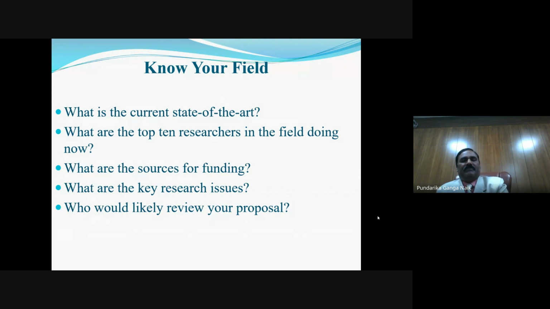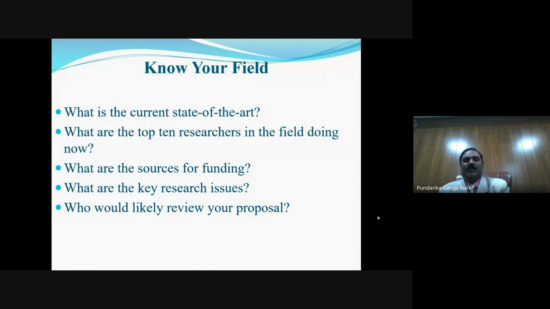Then you must know your field. What is the current state of the art? What kind of research is happening in the field chosen? You have to update yourself through the literature survey and various other sources of information. You need to come out with updated information and decide what is the current state of the art in the chosen field.